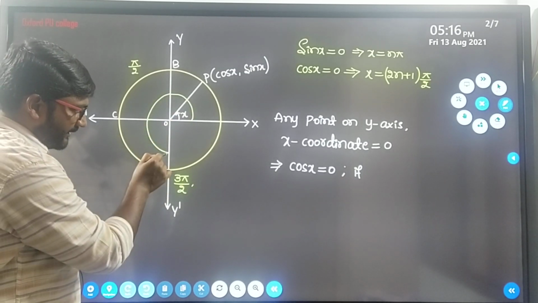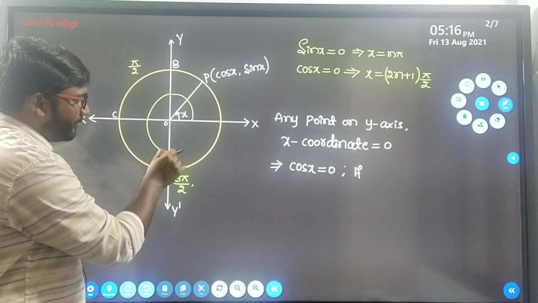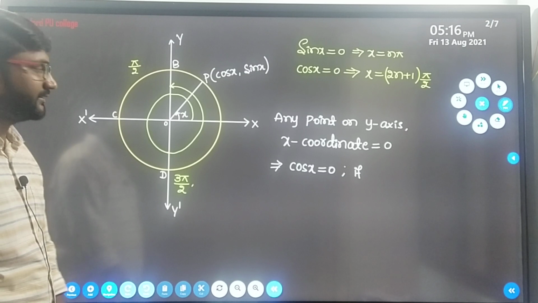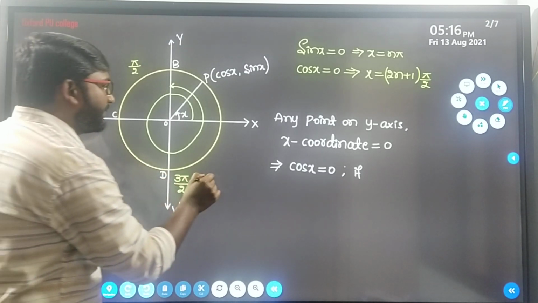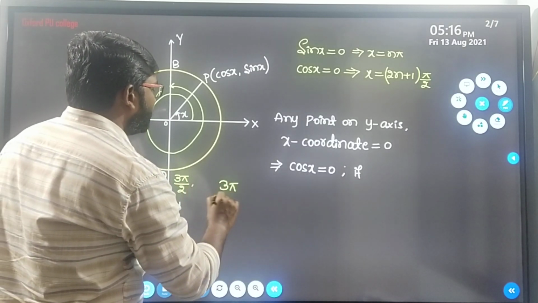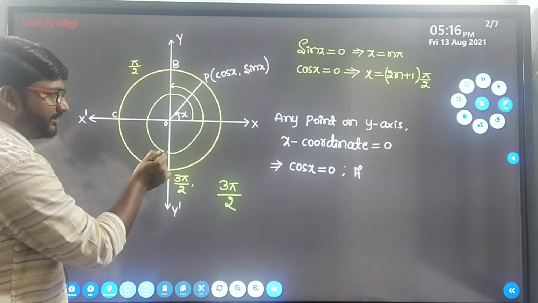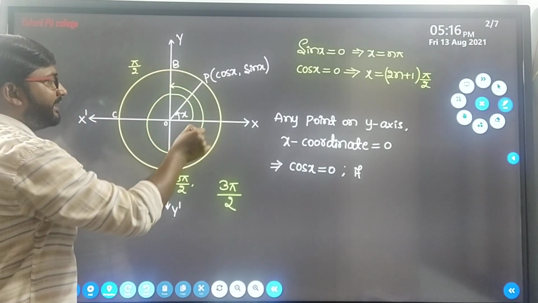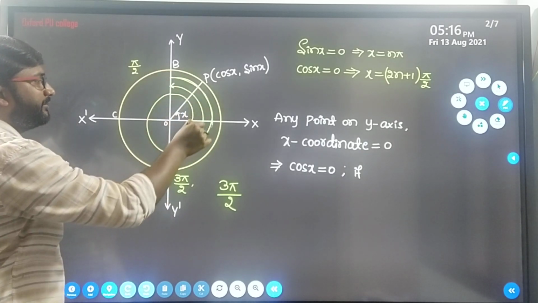Now again from this point I'll go back to the positive y axis. Till here it was 3 pi by 2. From here, I have gone to the y axis, so this angle will be pi, that is 180.